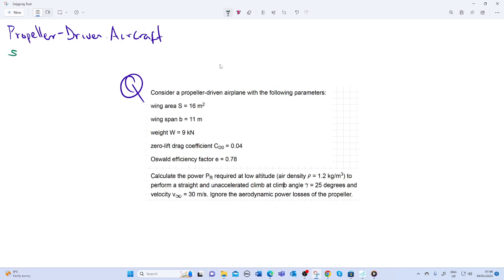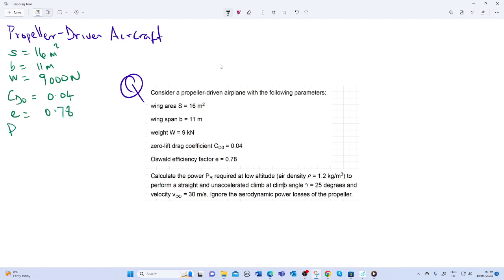We have the wing area 16 meters squared. We have the wingspan B, 11 meters. We have the weight given, 9 kilonewton. We have the zero lift drag coefficient CD0, 0.04. We have the Oswald efficiency factor E, which is 0.78.